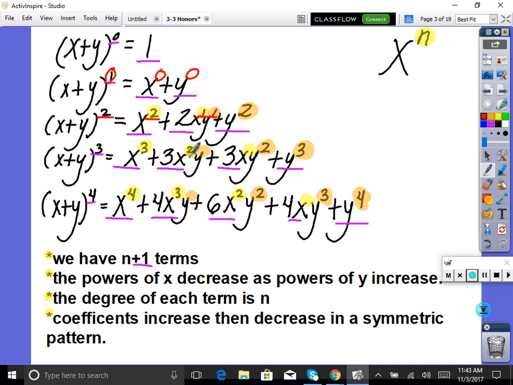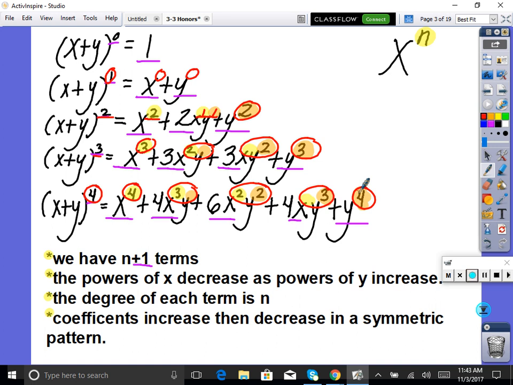You all see, even though we can't add them, not the same base, that's still considered a degree 2 and degree 2. Look, degree 3, degree 3, degree 3, degree 3. So look, degree 4 for each of these terms. Do you see how that's working? That's another pattern.